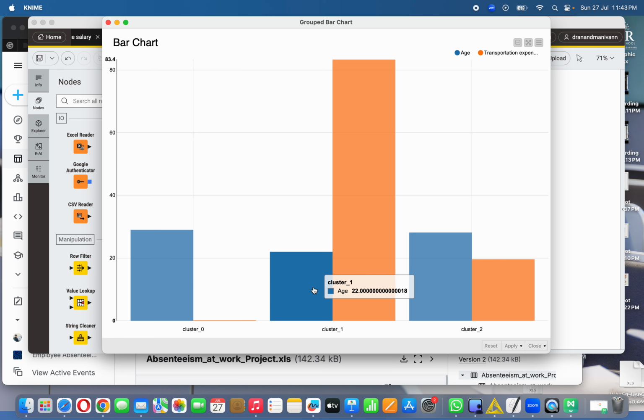Let's look into cluster 1. Age 22, the lowest among all the clusters. Transportation expense is probably around 83, the highest across all clusters. So this cluster includes young employees incurring a higher transport expense. This pattern may indicate employees who travel from a very faraway location, perhaps due to affordability of housing or lack of nearby accommodation.